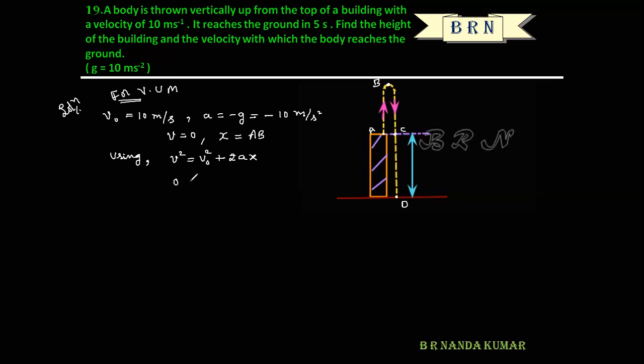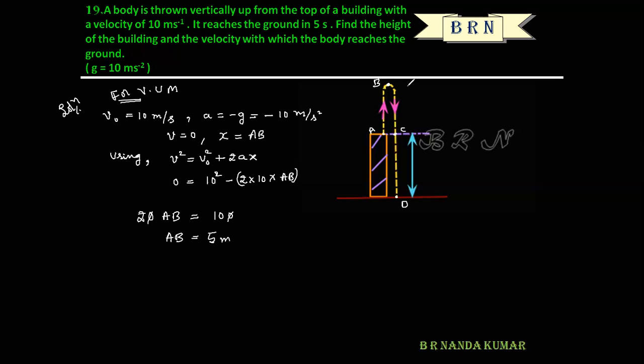So V square is 0, V naught square is 10 square. Okay, so this is minus 2 into 10 into x, x is AB, right? So this is shifted to LHS. What happens? So plus 2 into 10, 20 AB, that is equal to 10 square is 100. So AB is equal to 100 by 20. So the 0, 0 cancels, the answer is 5. So AB is 5 meter.